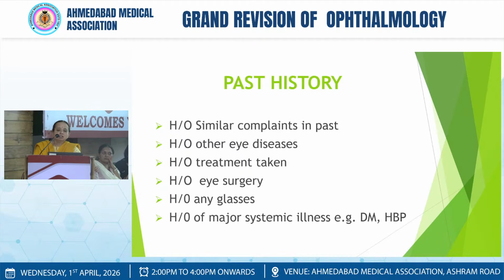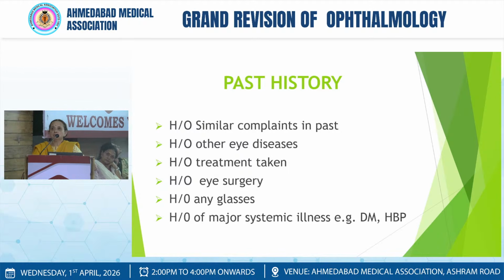For the past history, you will ask about any similar complaints in the past. History of other eye disorders. Apart from what you are seeing on examining the patient, did the patient have any ocular diseases in the past for which he or she has consulted an ophthalmologist? What treatment was taken at that time?